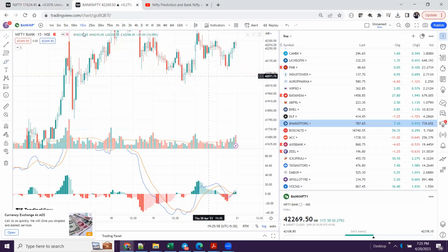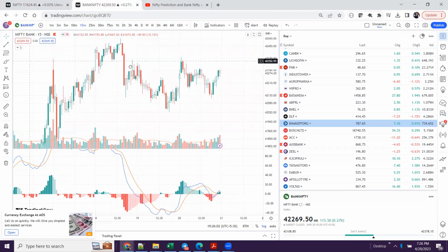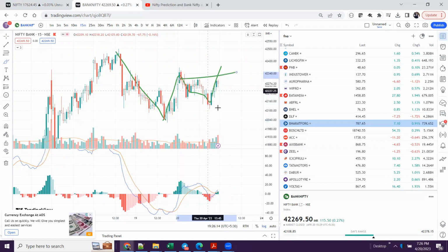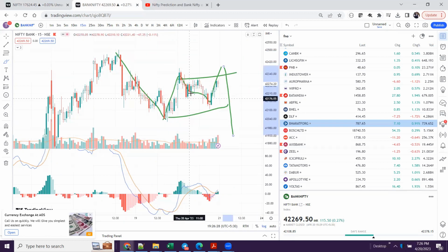So if you see this is a fast move to the downside, as of now this looks like an impulsive structure. But if this is a fast move and this is just a corrective structure for this, which means after this correction is over, we will again get one more push down. So this is how you have to know all the possibilities that are possible and what sort of structure can happen in that case.